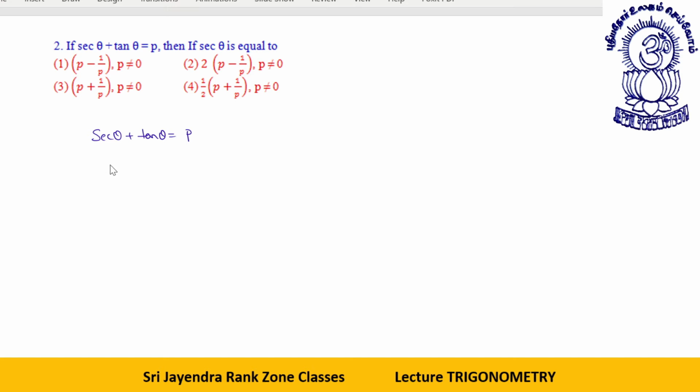If this is P, we know that sec theta will be equal to twice of P plus 1 by P, half of 1 plus P by P. If you remember, it was nothing but P square plus 1 by 2P, or half of P plus 1 by P. Option number 4 is the answer.